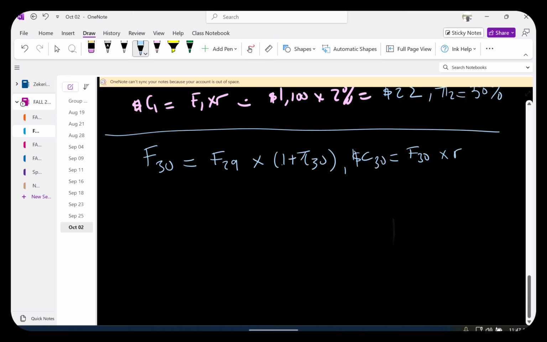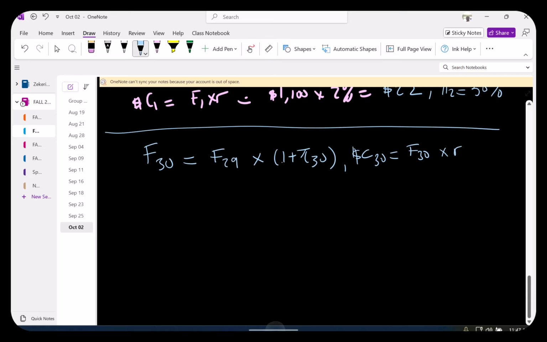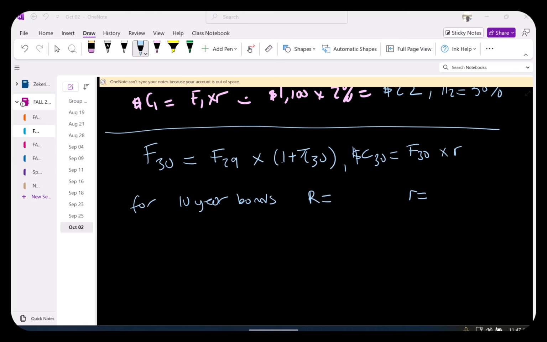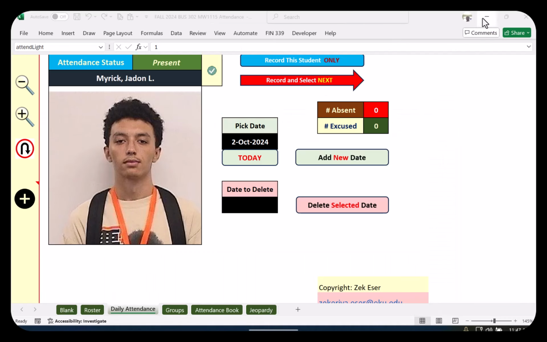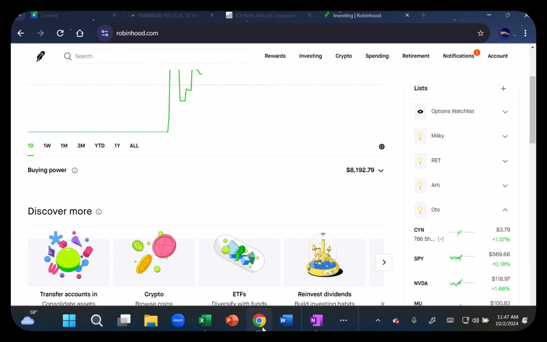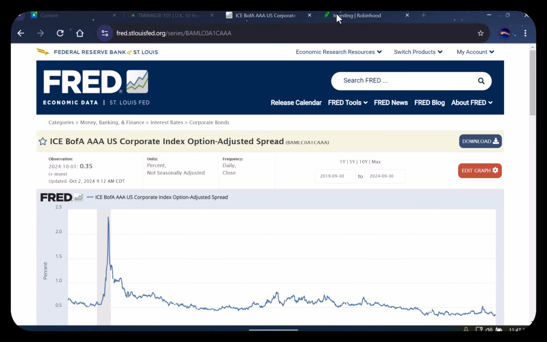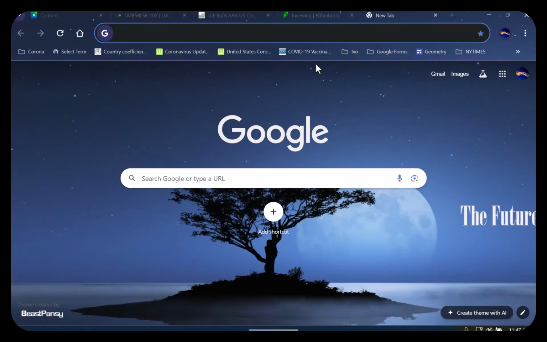Just to give an example, right now for 10-year bonds, real and nominal. There are many ways you can look this up, but I use CNBC.com.